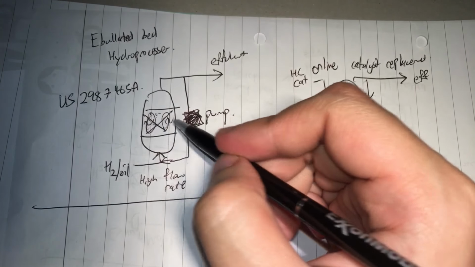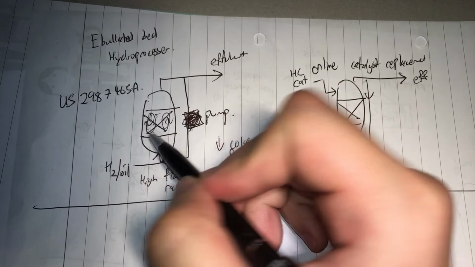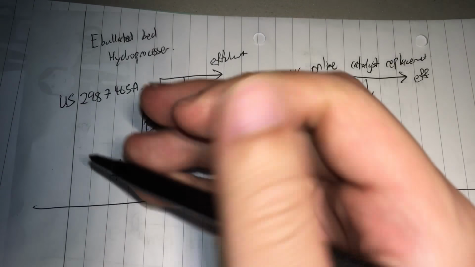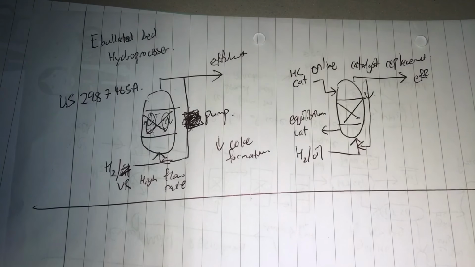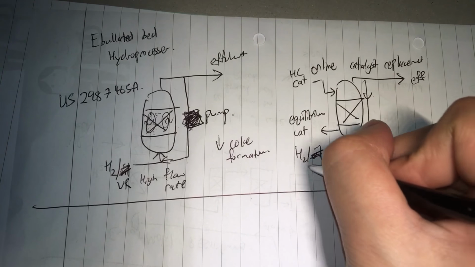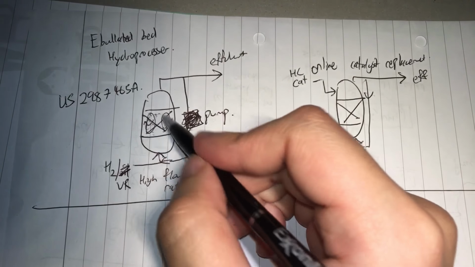Because even though there's less coke, some of the coke and some of the metals will still deposit on this. And given that it's a very dirty kind of feed because it's vacuum residue, okay, it's vacuum residue feed, there's a lot of metal, a lot of impurities that will just deposit on this.